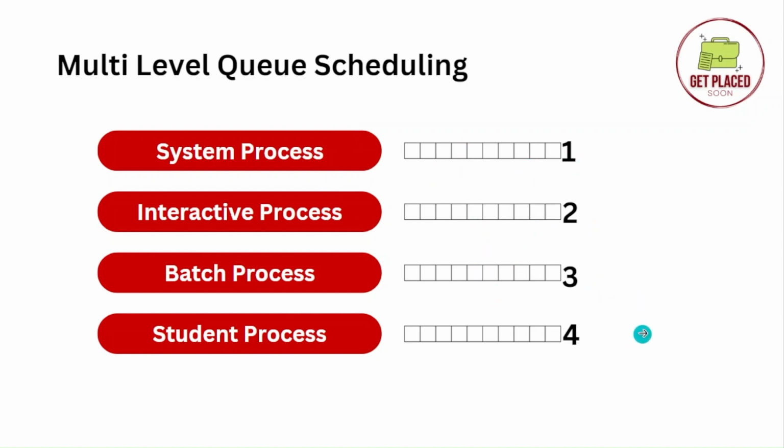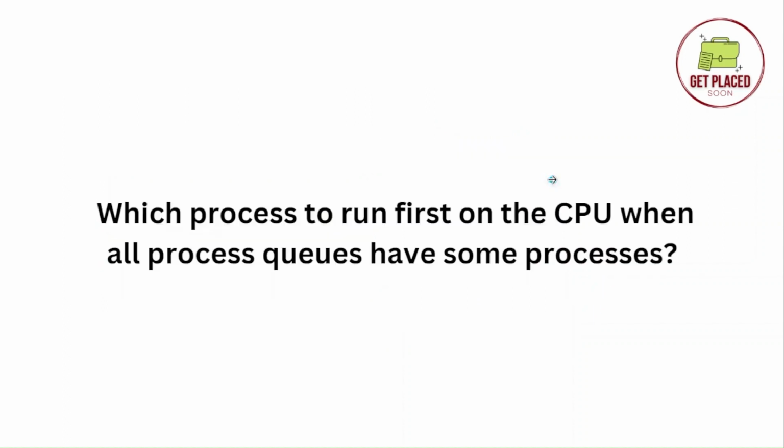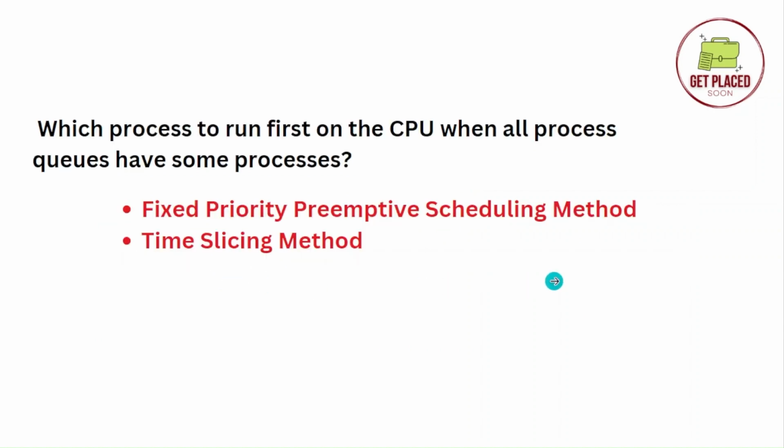Now the question arises: what if all the queues contain processes? If all 4 queues have processes, which process should run first on the CPU? To decide which process to run first, we have 2 methods.